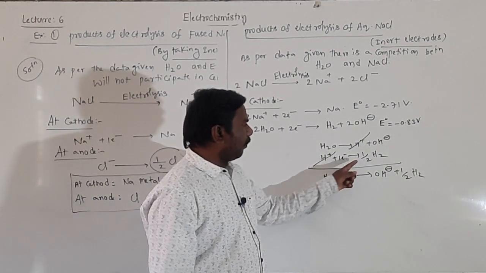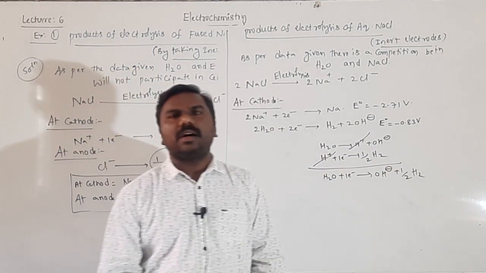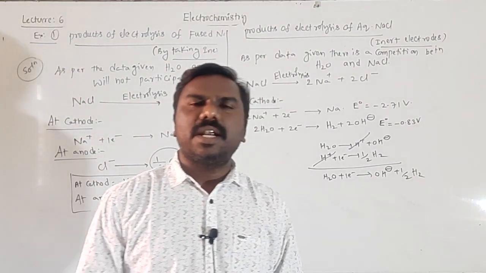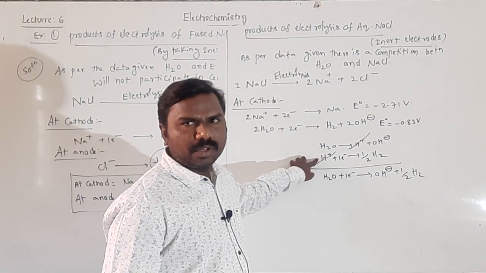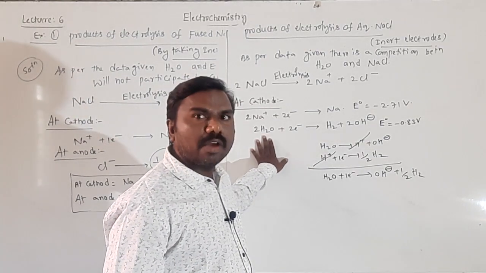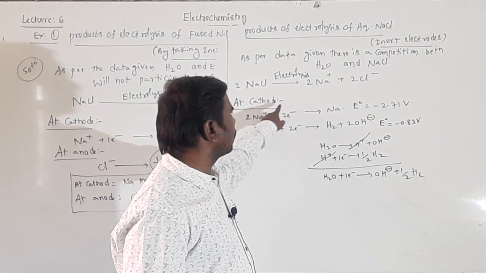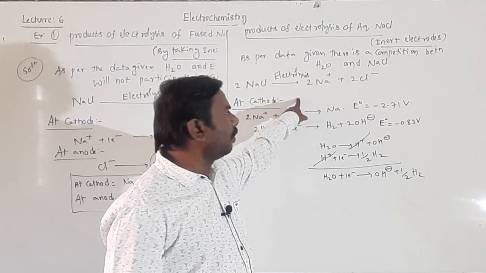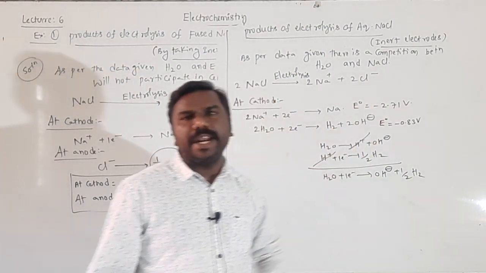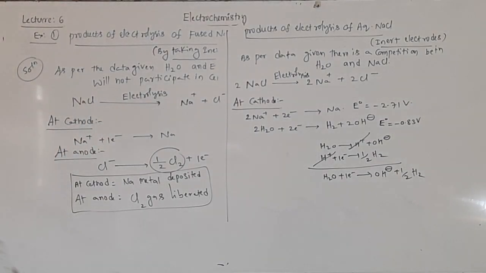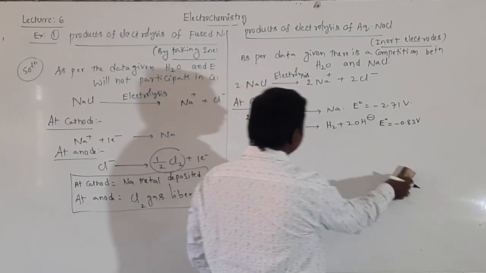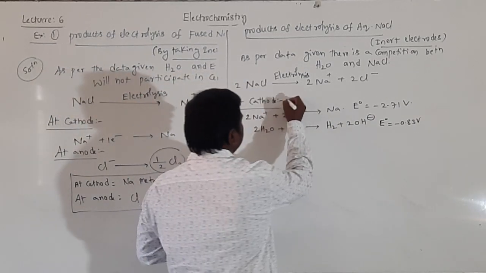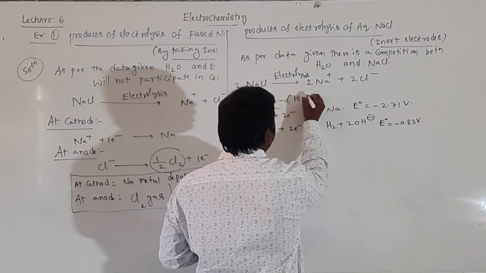For this, the standard reduction potential of the hydrogen electrode is 0, and the standard reduction potential of water, if it is reduced at cathode, will be minus 0.83 volts. Students, observe clearly. This is at cathode. Cathode means high SRP required.